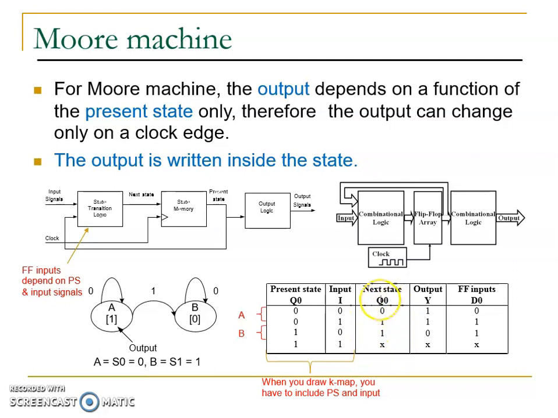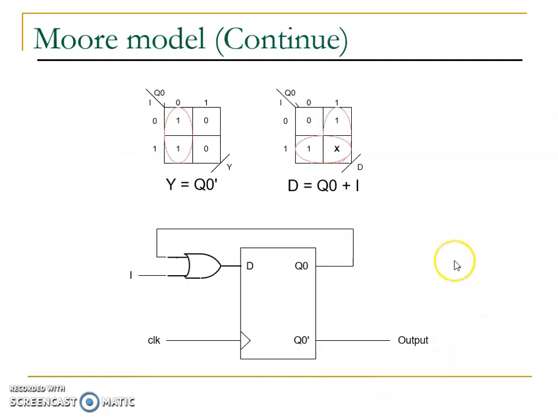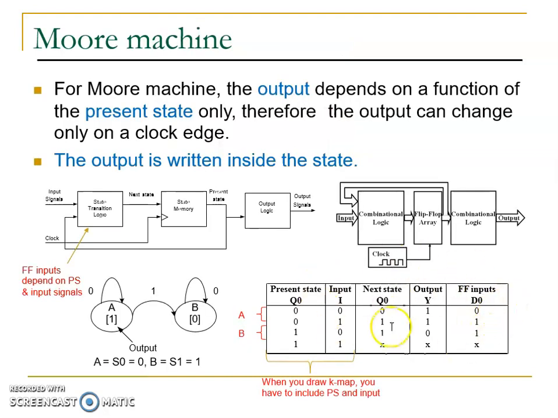If the next state is 0, 1, 1x, your D flip-flop input will be similar, 0, 1, 1x. And then after we complete the truth table, we can use this to make a K-map to simplify and generate the equation.